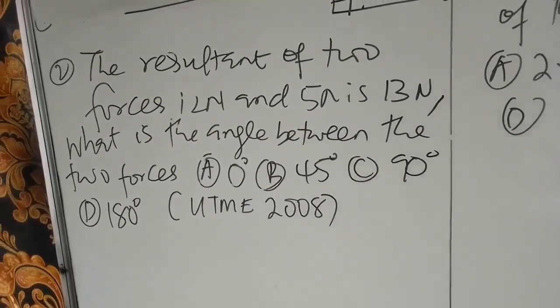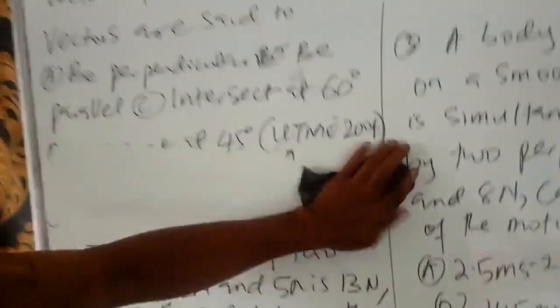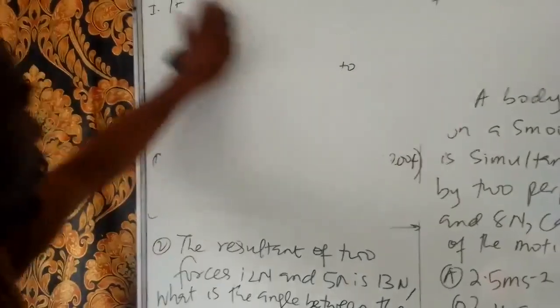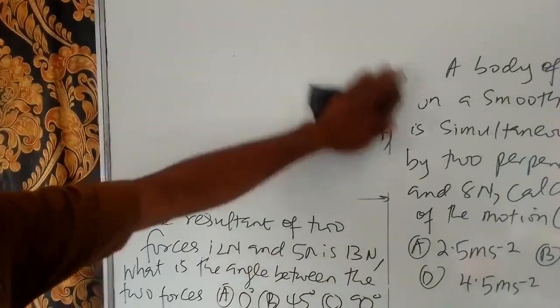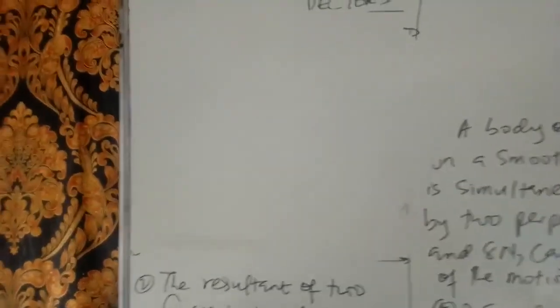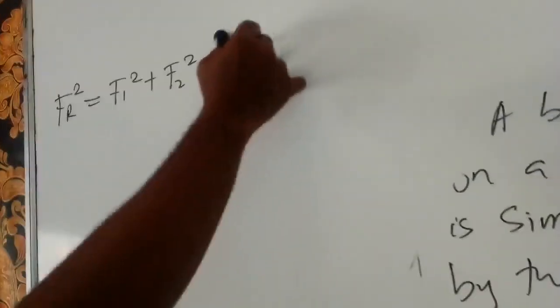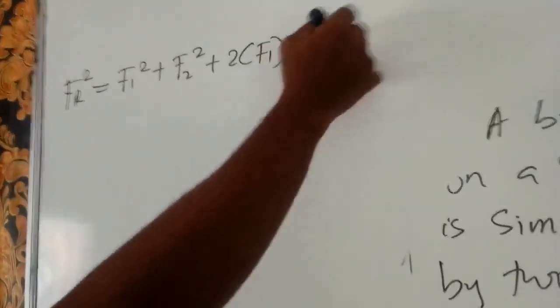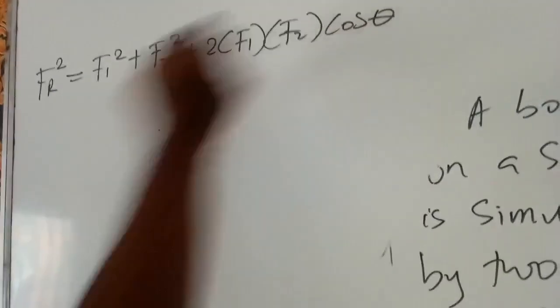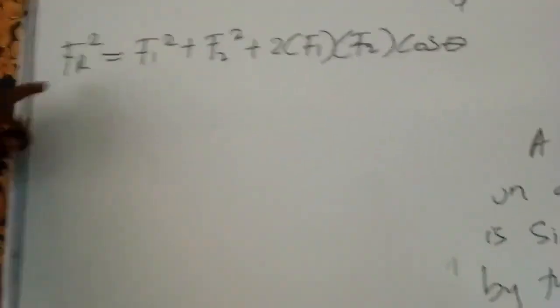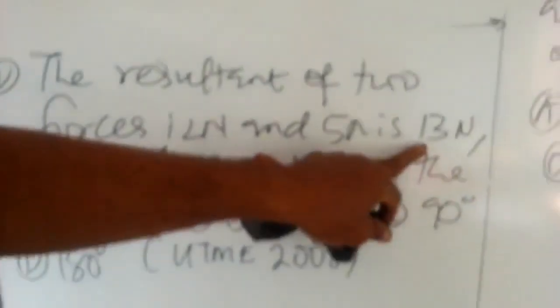So let us solve this problem. To solve this problem, we use the parallelogram law of vectors for finding the resultant. That says, since the vector is a force, resultant squared is given as F1 squared plus F2 squared plus 2 times F1 times F2 cos theta. Now the resultant is 13 Newton.